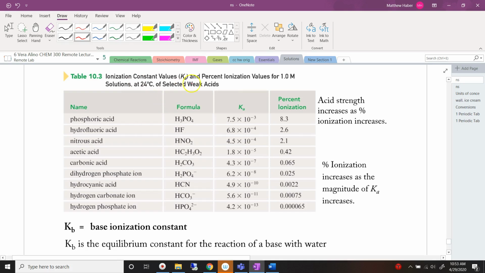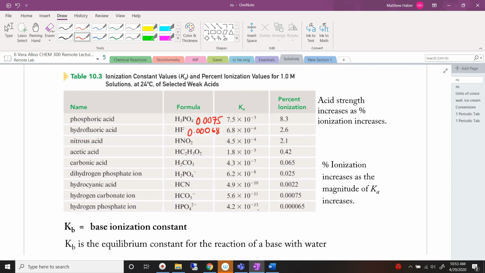So if I write this in ordinary decimals, it becomes 0.0075, moving the decimal place 3 times to the left. This is 0.00068. So notice that if you have 13, then you're going to move the decimal place 13 times to the left. So it's really, really close to 0, right?